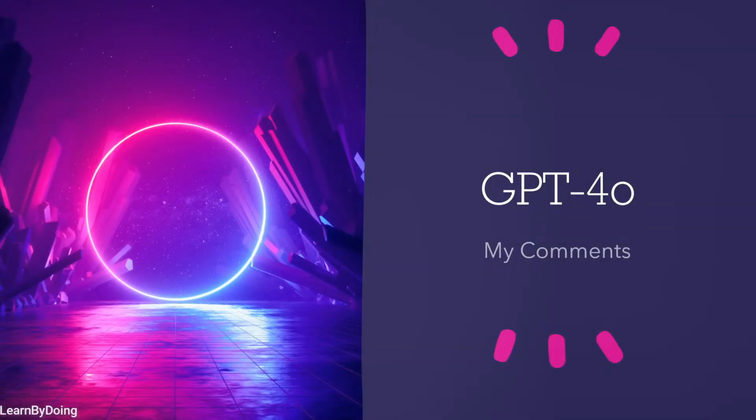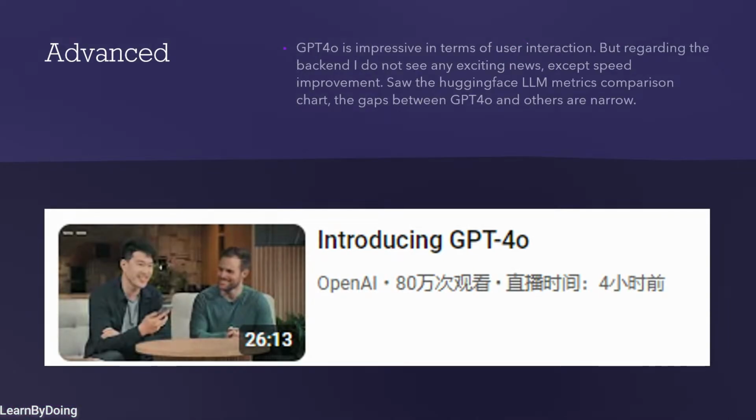Just after checking the GPT announcement video, I feel that it would be useful to share some of my comments for your reference. So basically, the first question I would ask myself is how do I feel about this upgrade of the product ChatGPT? The GPT-4o, I already tried this model.